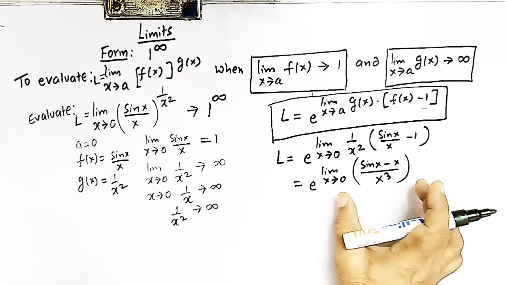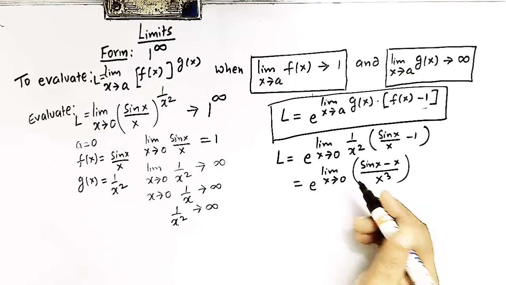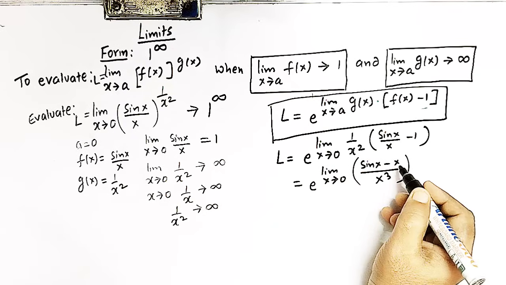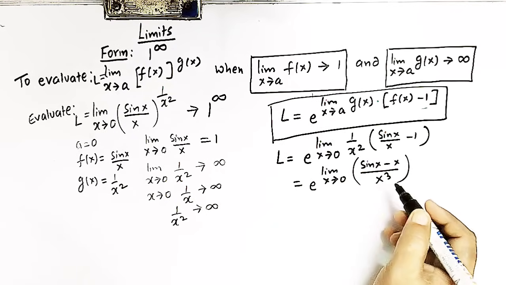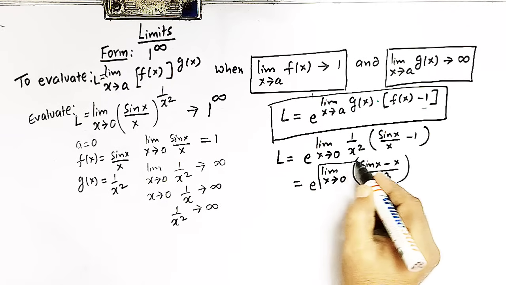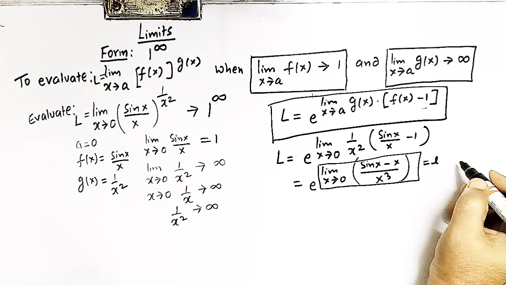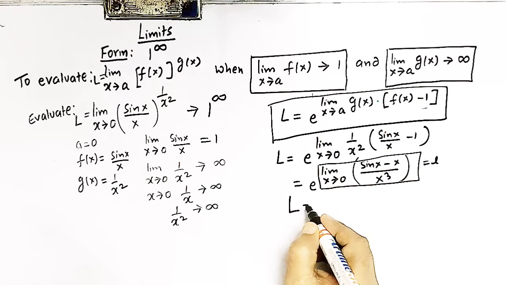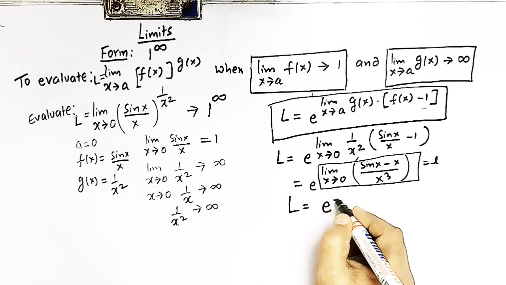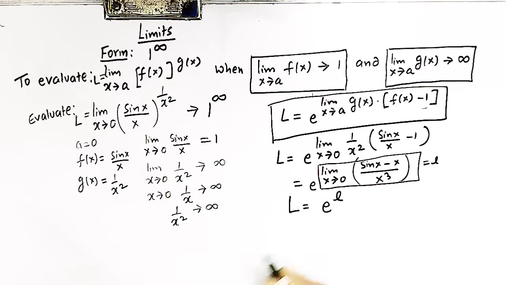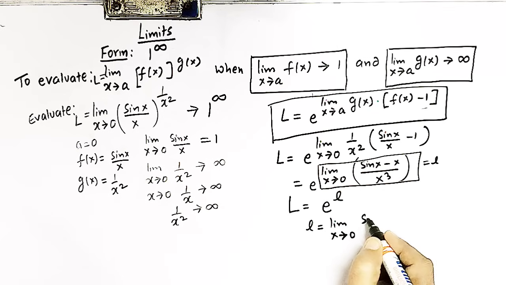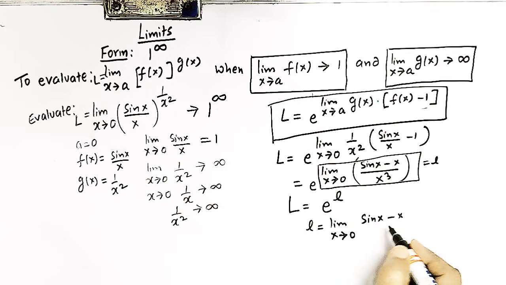To get the value of limit x tends to 0 of sine x minus x over x cube, let us suppose that the value of this limit is equal to small l, so that capital L is equal to e raised to small l. Here l is given by limit x tends to 0 of sine x minus x over x cube.